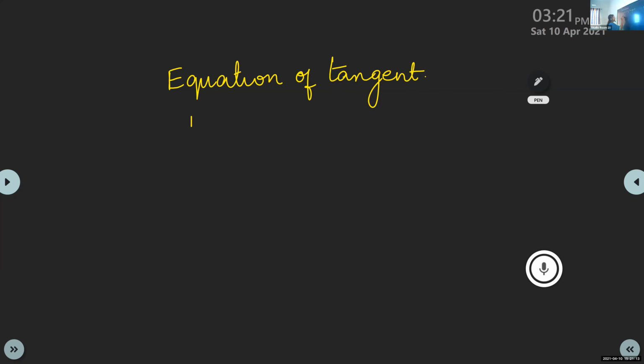So, listen children. Tangent means it is a line which touches the curve at one point.